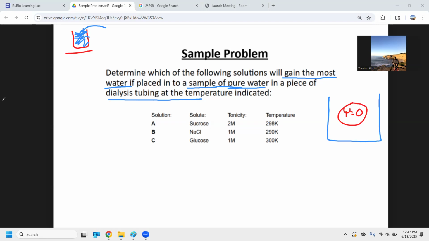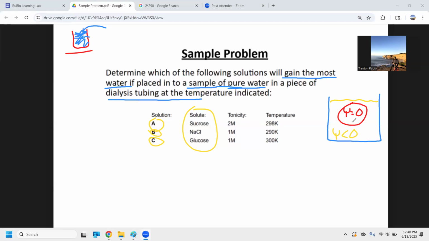And we're putting it in a solution. I'm going to use yellow. So we're putting it in a solution of either solution A, B, or C. First off, because these have solutes dissolved in them, we know that their water potential is going to be negative. It's going to be less than 0 because there is solute. So what does that mean?